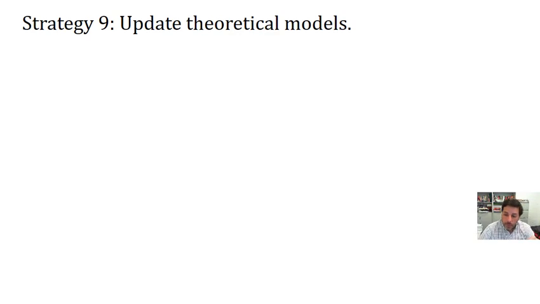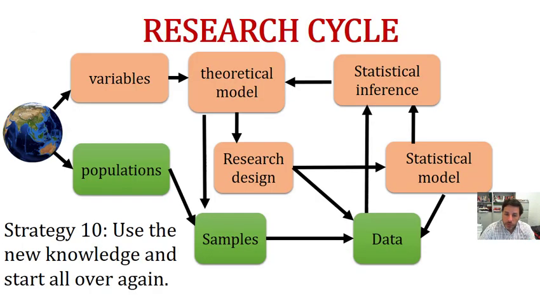Okay, so then what do we do? The 10th strategy is to use all the knowledge we acquire through doing research and start all over again. So we start updating the theoretical model, producing a research design and a statistical model to analyze the data. After collecting the data, we make statistical inference, and that makes us update the theoretical model.